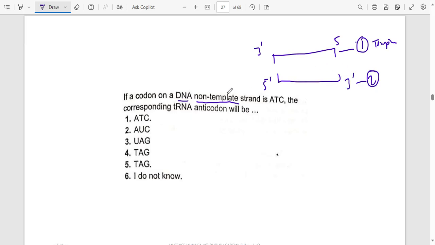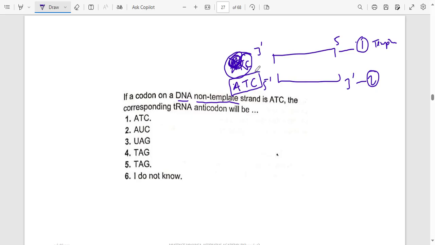So if DNA has got A, T, C, meaning that the non-template strand is going to have A, pairs up with what? Remember, this is still DNA. Actually, this is supposed to be the non-template strand. So A, T, C is the non-template strand.